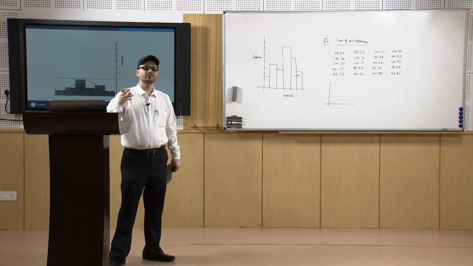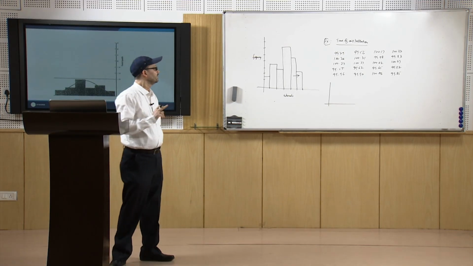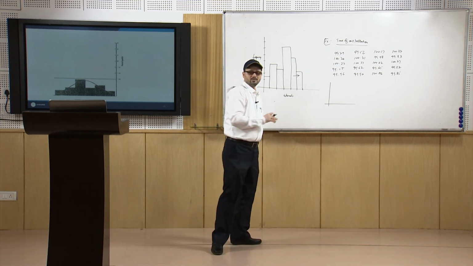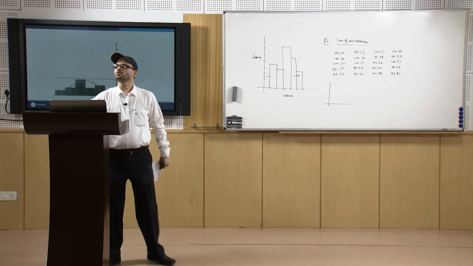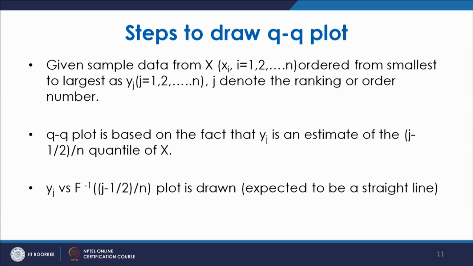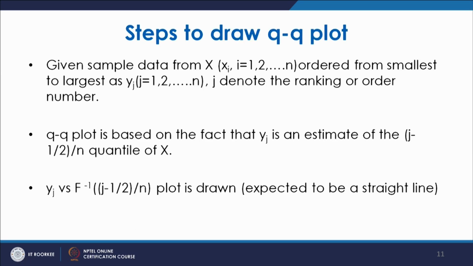Once we have that, how well it fits the normal distribution has to be seen by using the QQ plot. In the QQ plot, we refer to the table for F inverse of (j minus 1/2) divided by n.